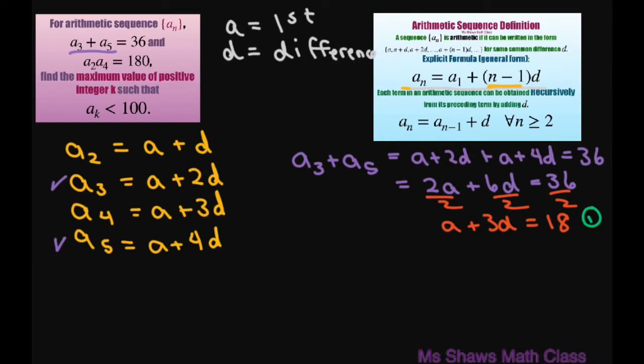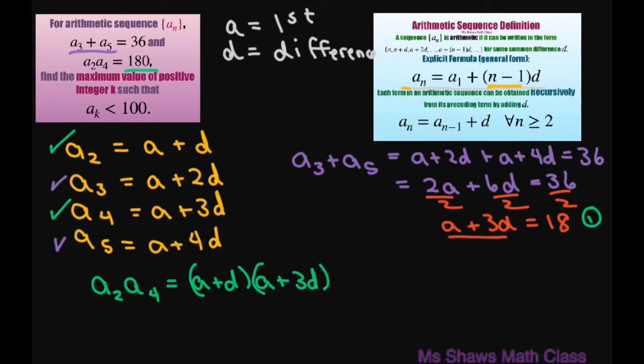All right. Now for the second one, we have our second term times our fourth term is 180. So a sub 2 times a sub 4 equals a plus d times a plus 3d. Well, we can use substitution here.